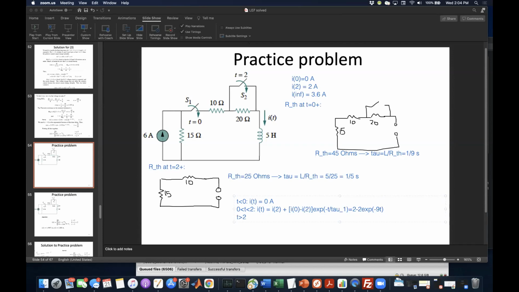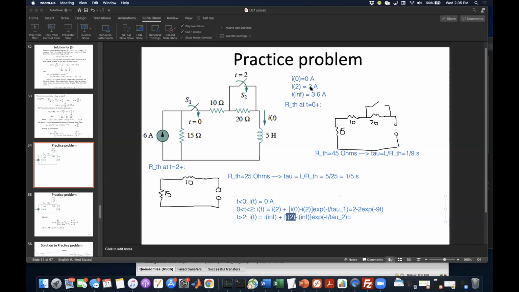And finally, there's the time after 2 seconds, after that second switch flipped. Here we can use our standard general form directly. The second time constant was this one here, the 1 over 5 seconds. Our initial condition becomes the value right before that second switch flipped.